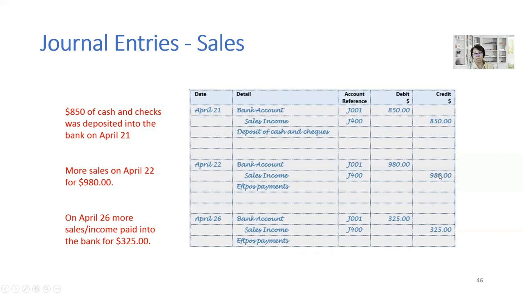Our sales went up, our income went up, $980. And again, more sales. So our bank account went up $325 and our sales went up $325. So that's how you do a sales journal entry.